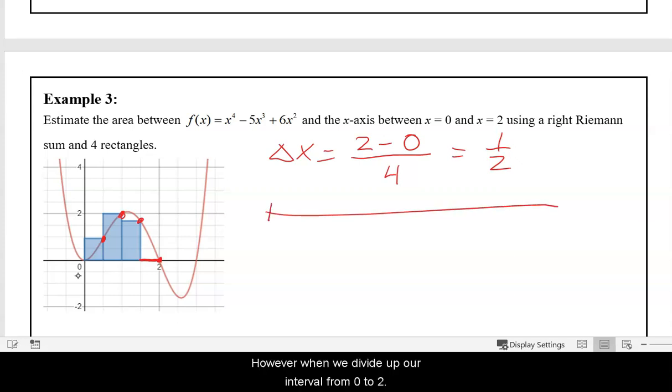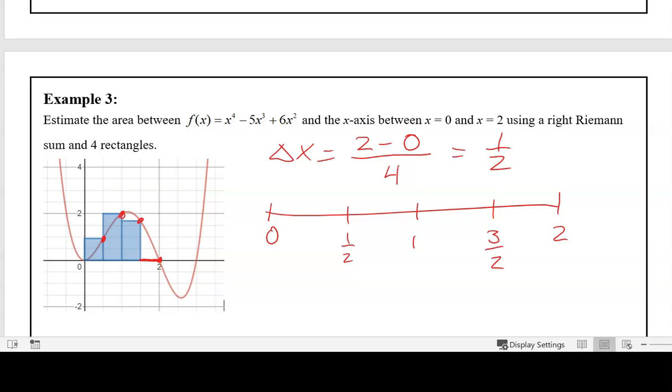However, when we divide up our interval from 0 to 2, we will instead be taking the right endpoint to serve as the height of the box. That means instead that it is 1/2 that is the first endpoint of the box, then 1, then 3/2, then 2. We will not use 0 as the height of any of our boxes.